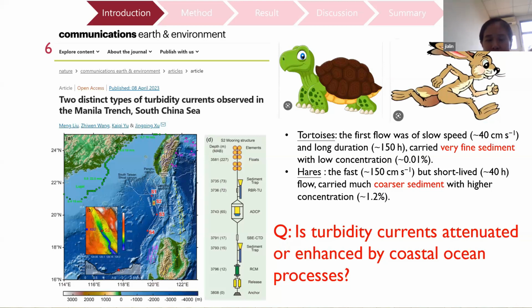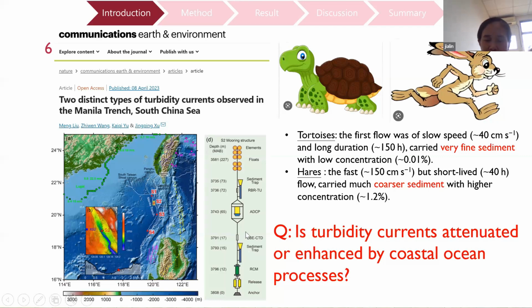However, those papers are observations at a fixed point under the sea, so they cannot reproduce or tell us what happened from the river to the ocean.